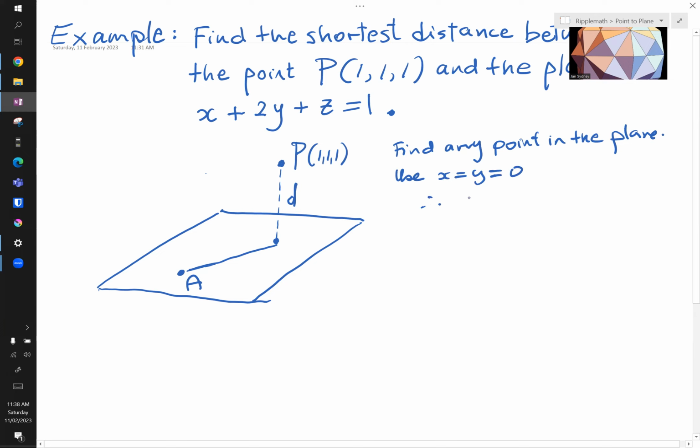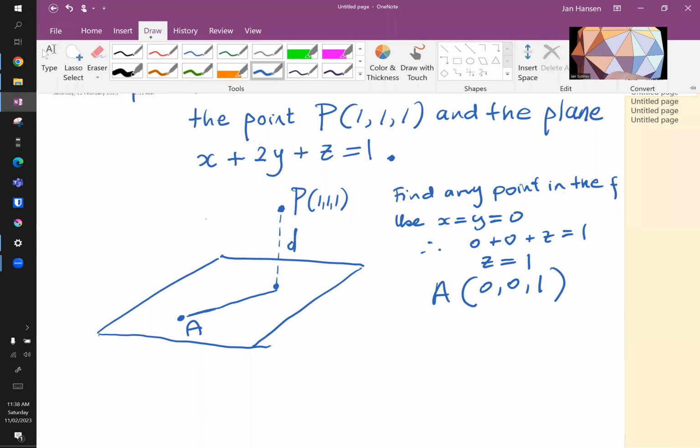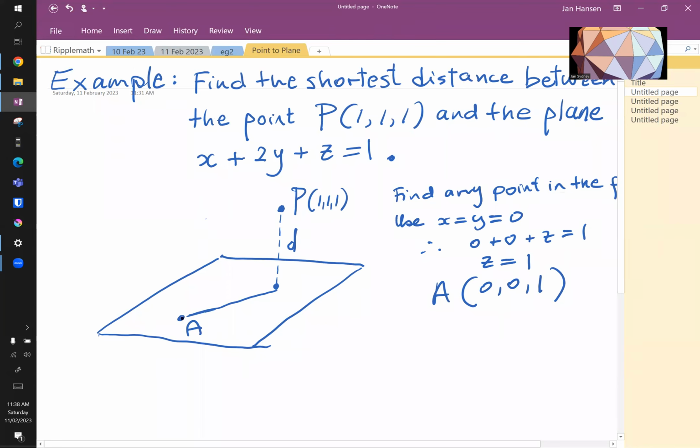Then using the formula, you'll get 0 + z = 1, so therefore z equals 1. So our point A is (x, y, z), so (0, 0, 1).